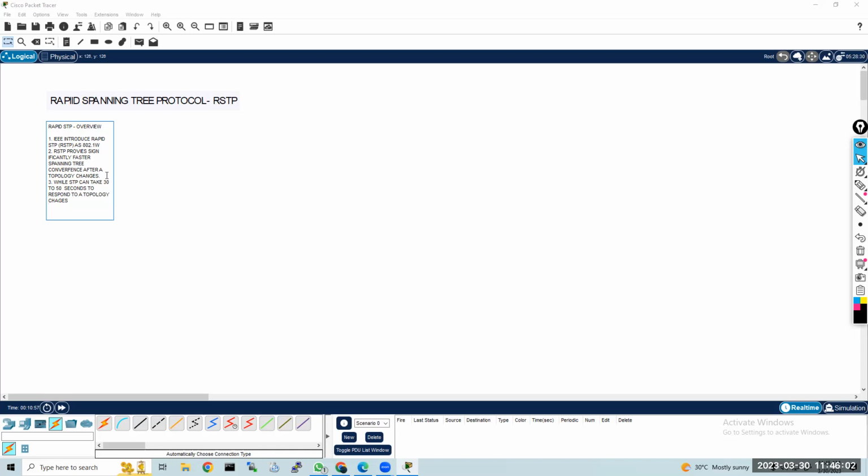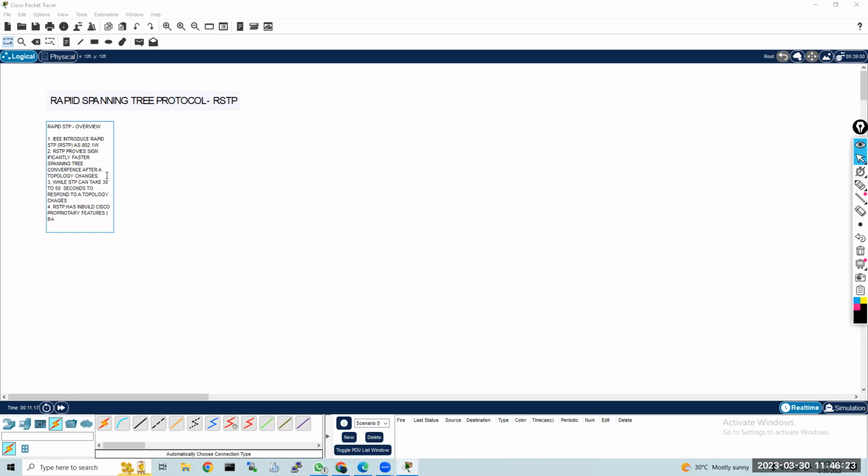Yes, Tansh. As you know, your rapid spanning tree has inbuilt Cisco proprietary features, guys. Let me write it down. RSTP has inbuilt Cisco proprietary features.